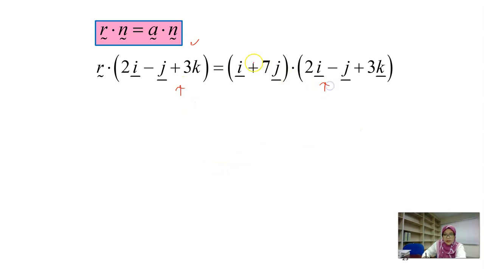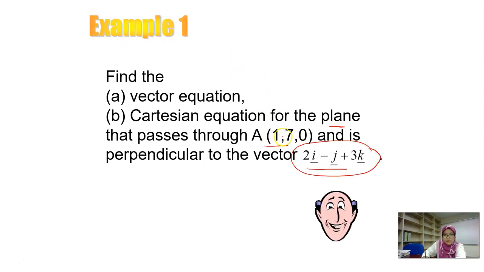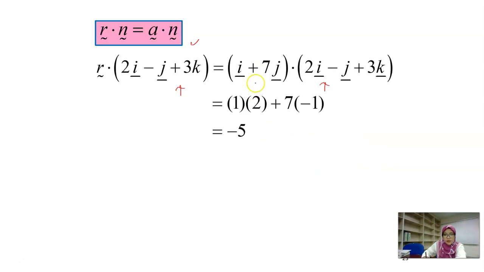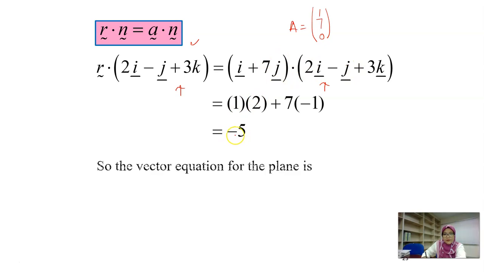And this one comes from what is given here: your plane passes through the point A (1, 7, 0). So this is i plus 7j plus 0k. Then we find the dot product of this, and we get negative 5. So negative 5, and the vector of r is x, y, z.